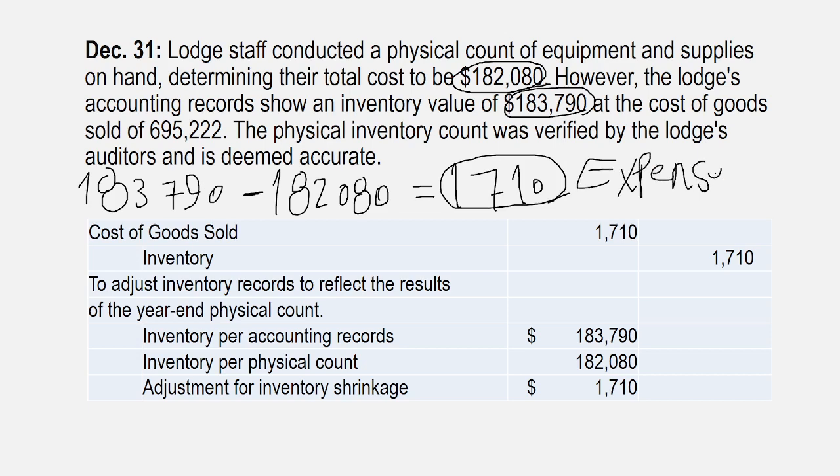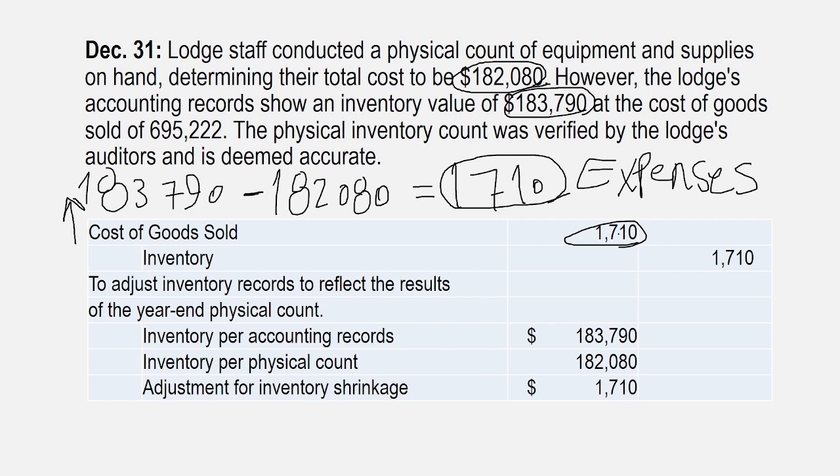So we need to debit cost of goods sold, because cost of goods sold is considered a special type of expense. An increase in expenses is considered a debit. The amount of inventory is decreased to reflect the actual inventory on hand after the physical count.